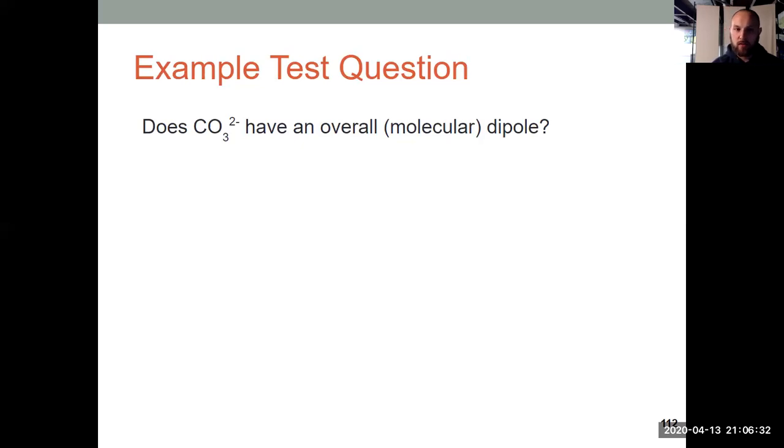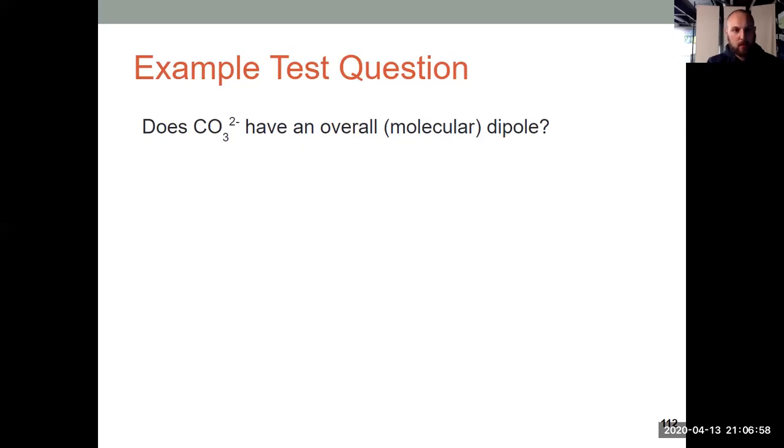So all of those carbon-oxygen bonds are the same. We have a trigonal planar, right, AX3 geometry, and all of the vectors are canceling one another out. So even though CO3 has the charge right there, 2 minus, right, it's a nonpolar molecule, polyatomic ion in this situation.